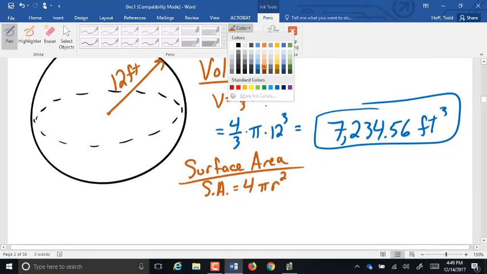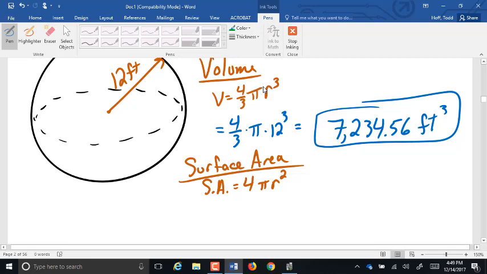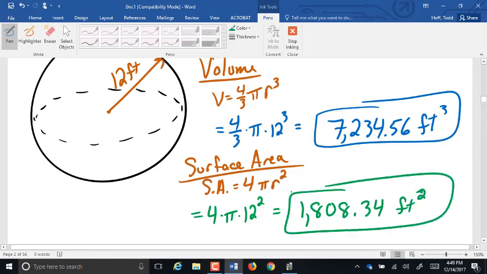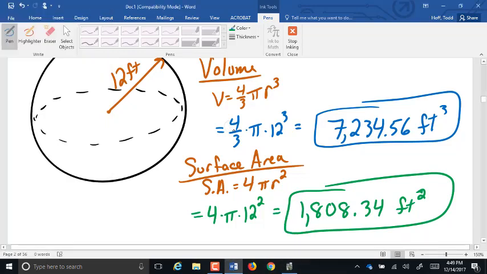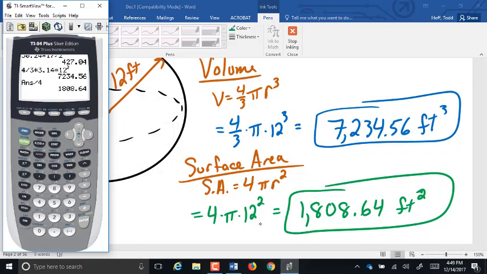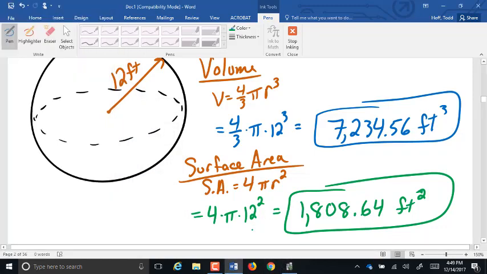So for this sphere, that's 4 times pi times the radius of 12 squared. So that's what, 1,808.64 square feet.